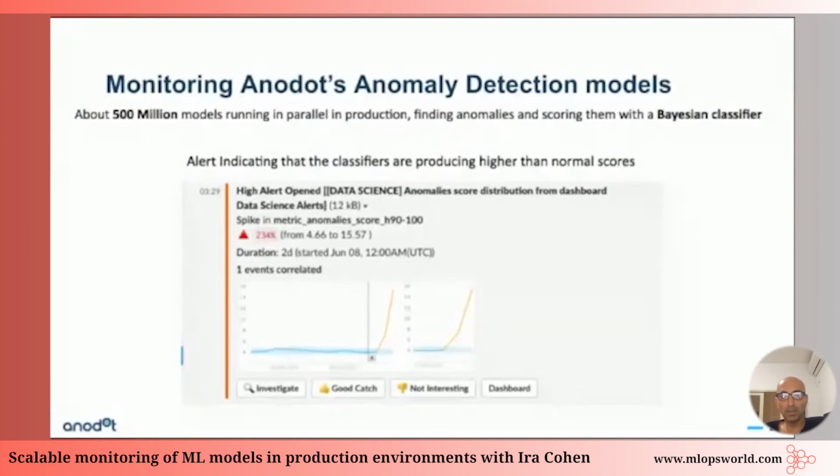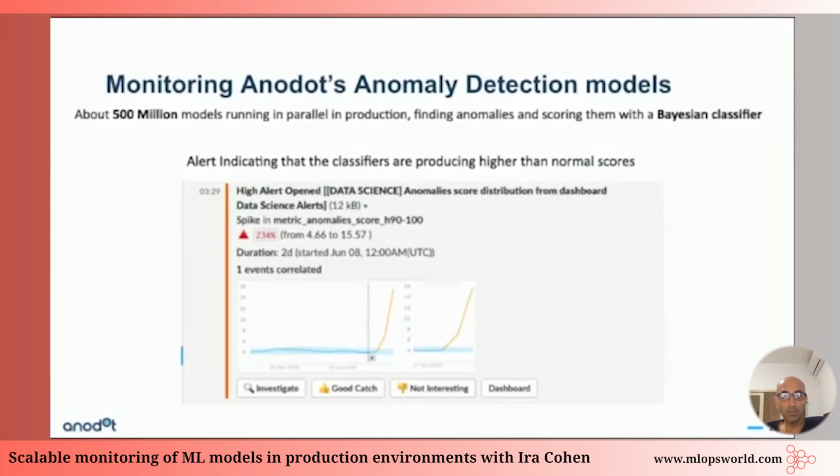We implemented it as a classifier, and what we collect in our environment are metrics that say what is the percentage of each output, from 90 to 100, from 80 to 90, 70 to 80, and so on. What is the distribution of those scores for all the anomalies that we find?